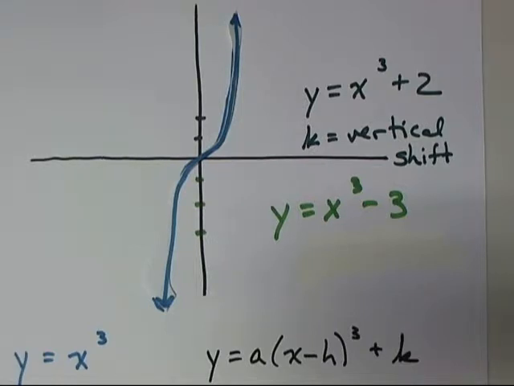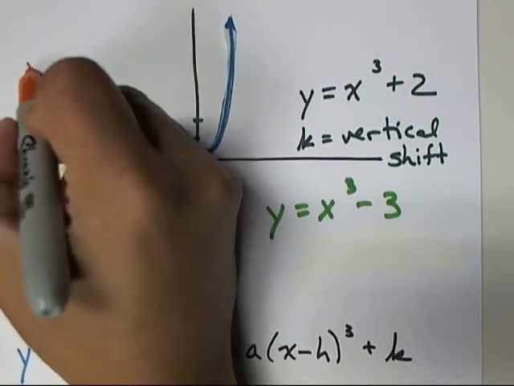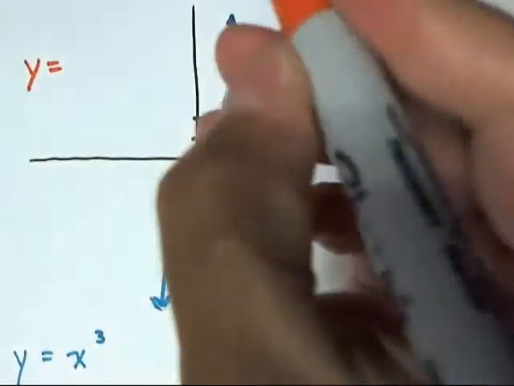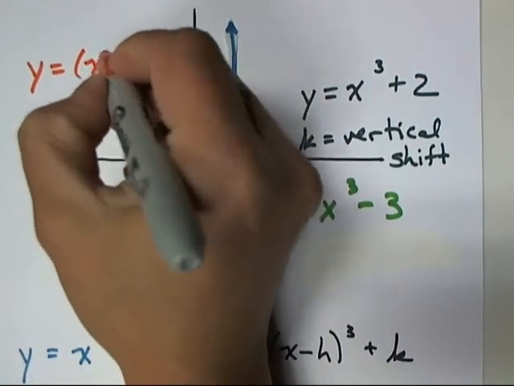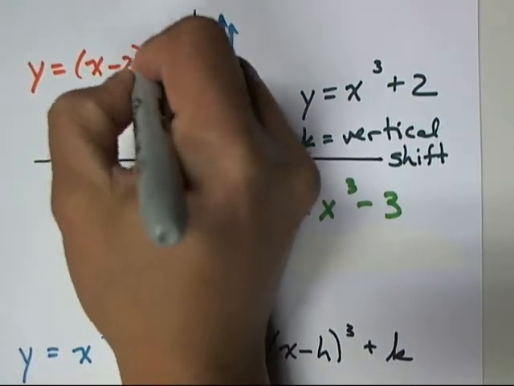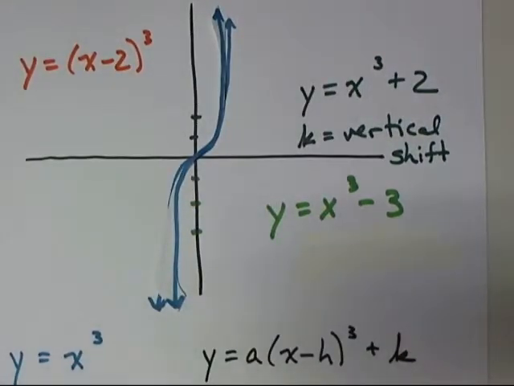So the k does a vertical shift. Now, what happens with that h value inside that's close to the x? What happens if I have y is equal to the quantity of x minus 2, cubed? How is that going to change or affect my graph?